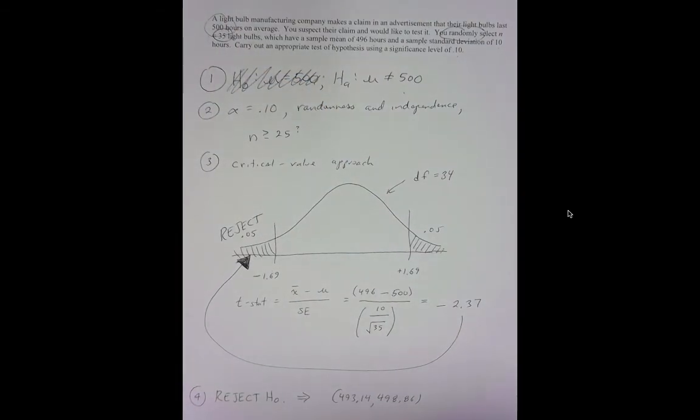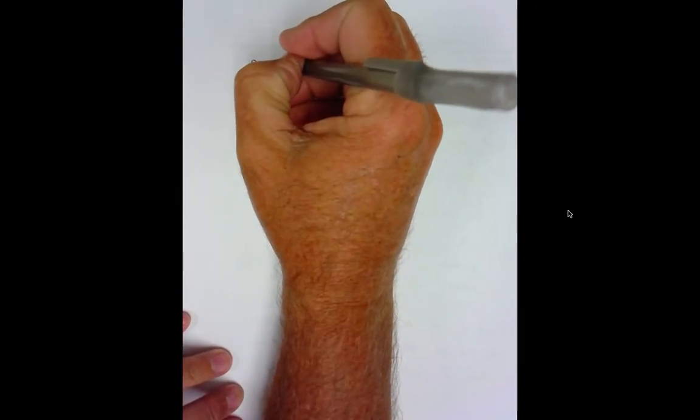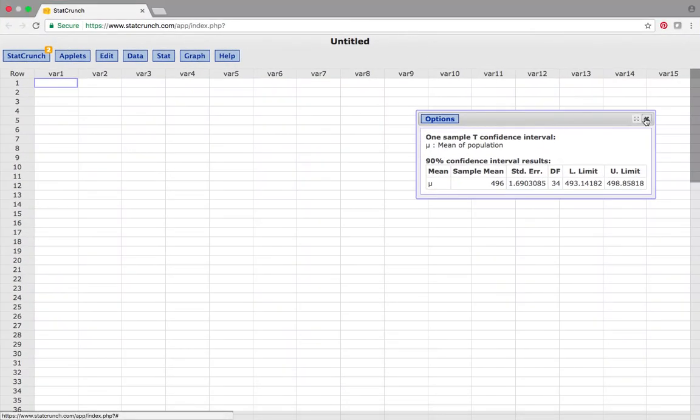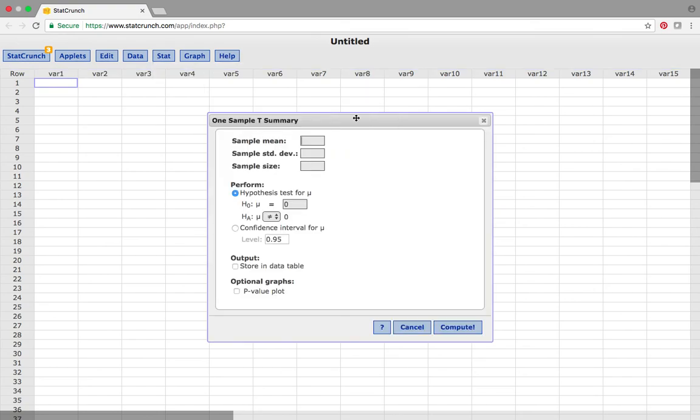Now, how would that have changed if we had used the p-value approach? The p-value approach is really simple. We just calculate the p-value. So I'm going to go to Stat, T Stat, one sample with summary. The sample mean was 496. The sample standard deviation was 10. The sample size was 35.